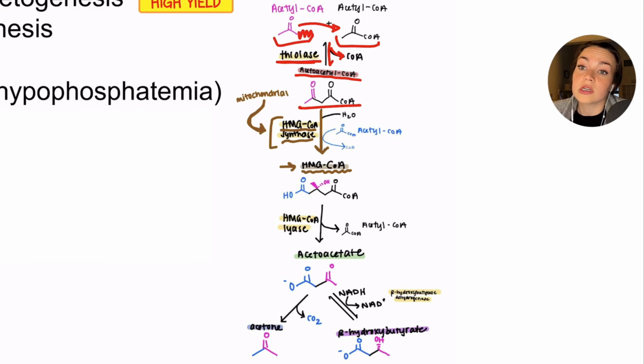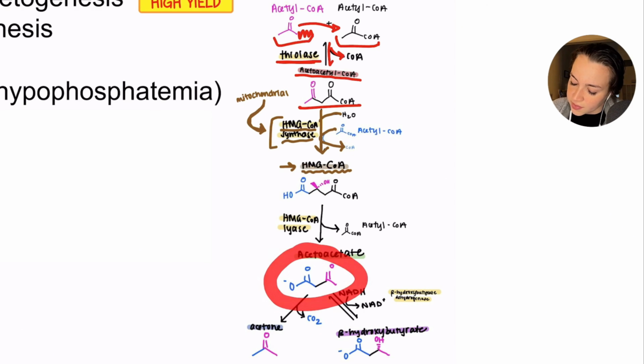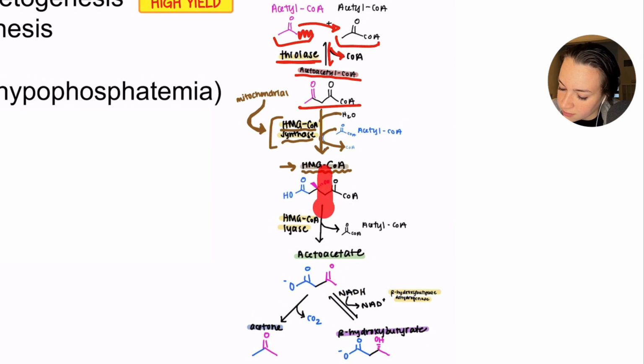And so mitochondrial HMG CoA synthase is going to take this acetoacetyl-CoA and it's going to feed some water and another acetyl-CoA into this reaction. So now we've added this other carboxylic acid group onto one end of our sort of growing chain. And then to get to our acetoacetate, all we have to do is cleave off one of our original acetyl-CoAs.